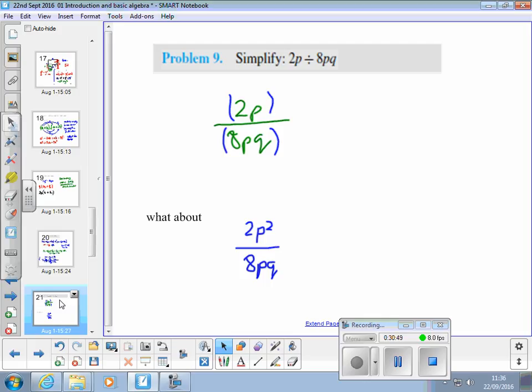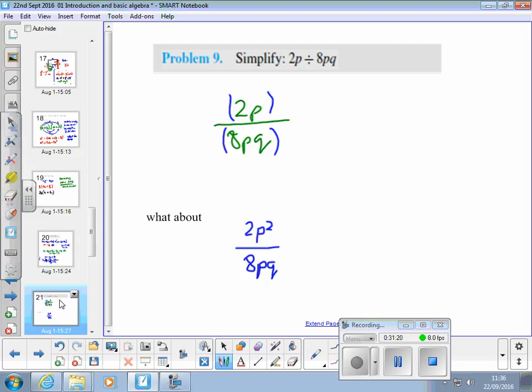Yeah, you can say 2p over 8pq. You can write it like that if that's what you want to do. Two over 8, so you can simplify the 2 over 8. There's no reason why you can't.